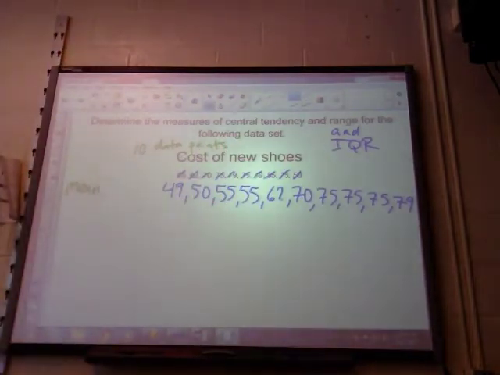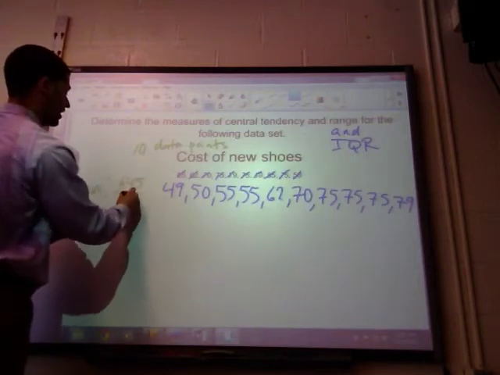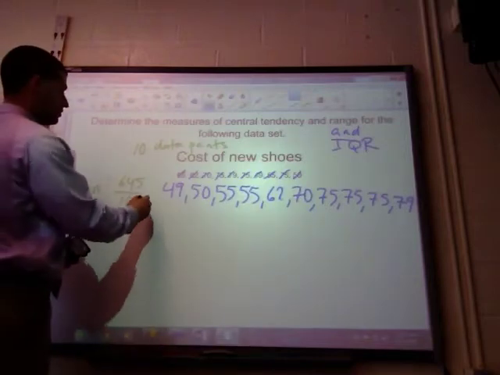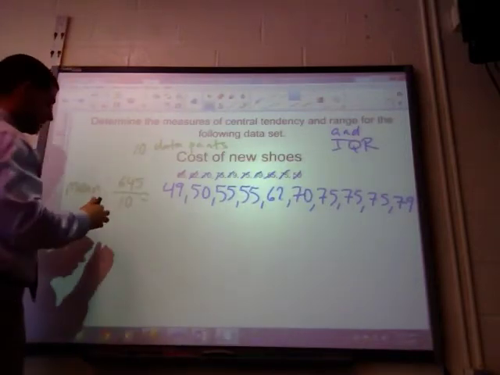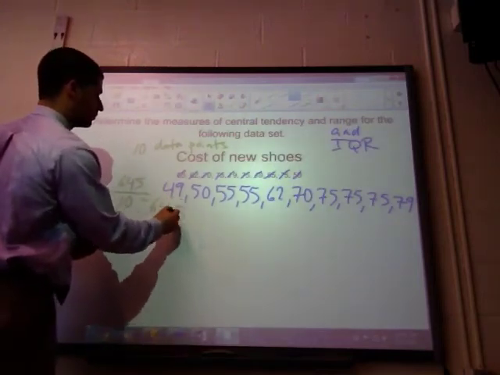This is all stuff you can easily do on a calculator. 49 plus 50 plus 55 plus 55 plus 62 plus 70 plus 75 plus 75 plus 75 plus 79 equals, and I get 645 over 10. Okay, 645 is the number I got from adding all these up. 10 is because there's 10 data points. I divide those, and I would get 64.5. And that's my mean.